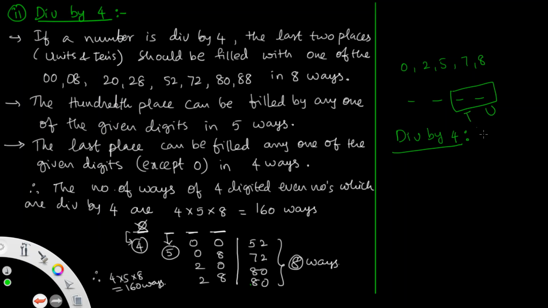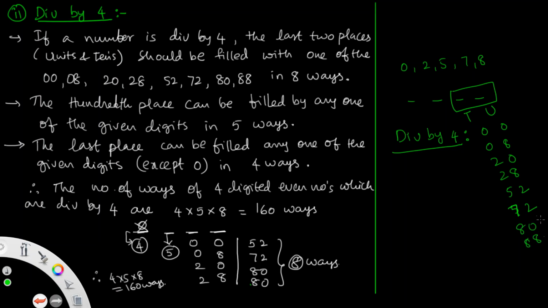Using the given digits, fill them with 00, or else 08, in order. 20 works, 25 is not coming, 27 not coming, so we can use 28 and 50. 52 is next, 57 no, 58 no, then 72 in order, and then go to 80 and 88.